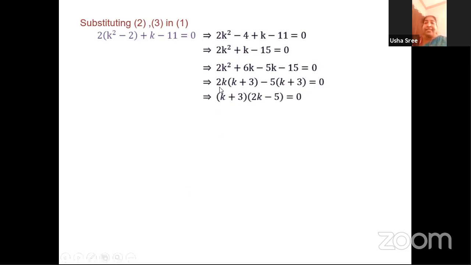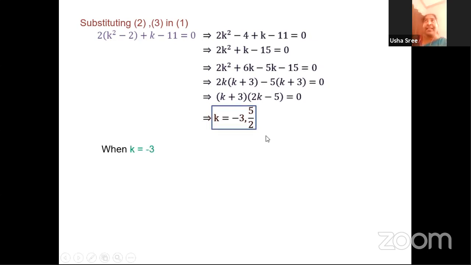Then you will have it as (k + 3). Then take −5 common from the last two terms on your left hand side. You will have it as −5(k + 3) = 0. Then you will be left with (k + 3)(2k − 5) = 0. So the values of k you are getting are −3 and 5/2.